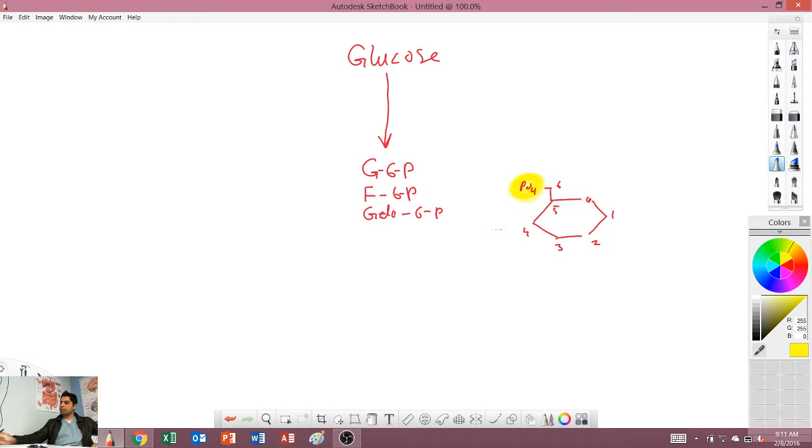Now look, the thing with phosphate is, if you remember the structure of phosphate, it's P with negative negative. It's a highly charged molecule. And if you remember, day one we talked about the cell membrane. What kind of molecule can cross the cell membrane and what kind of molecule cannot cross the cell membrane?